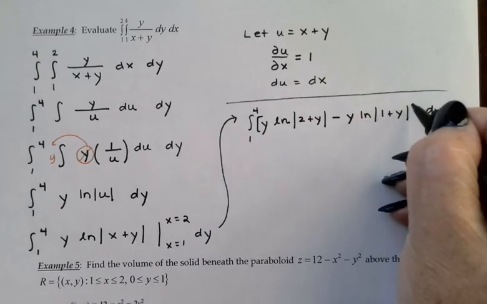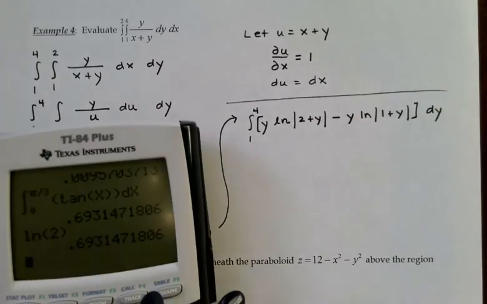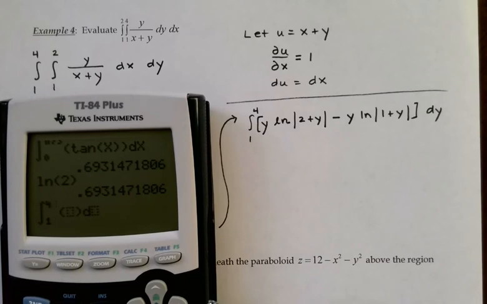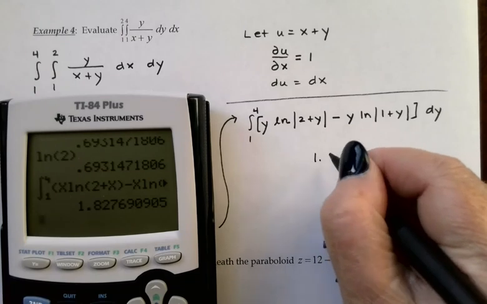And I'm very happy that I don't have to do that one by hand because that would not be a fun integral to do. But again, I'm just going to invite you to get out your calculator and finish that integral using technology. And I'm coming up with about 1.828.